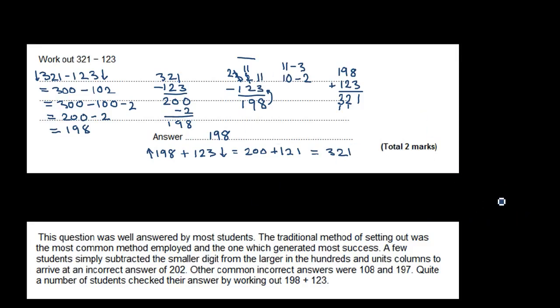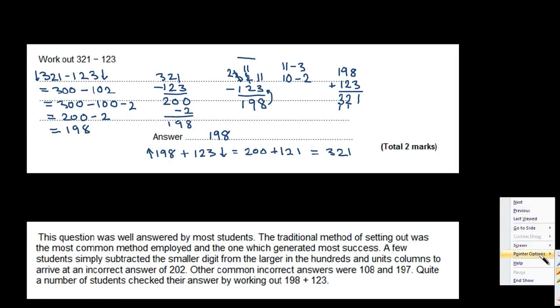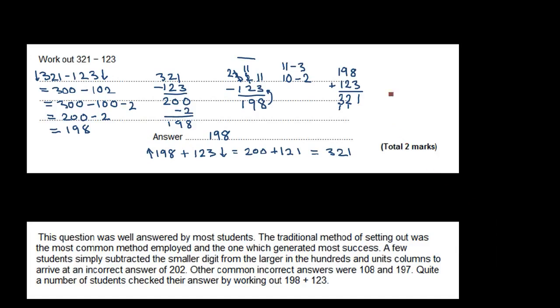So let's just see how they did that. I think what we'll do is just change the colour of the pen here so that we can see this as a misconception or a mistake. So what they must have done is they must have written out the question 321, put the 123 over the top, and whether they went from right to left or left to right, they didn't see these, I guess, as 320 and 1, 120 and 3.